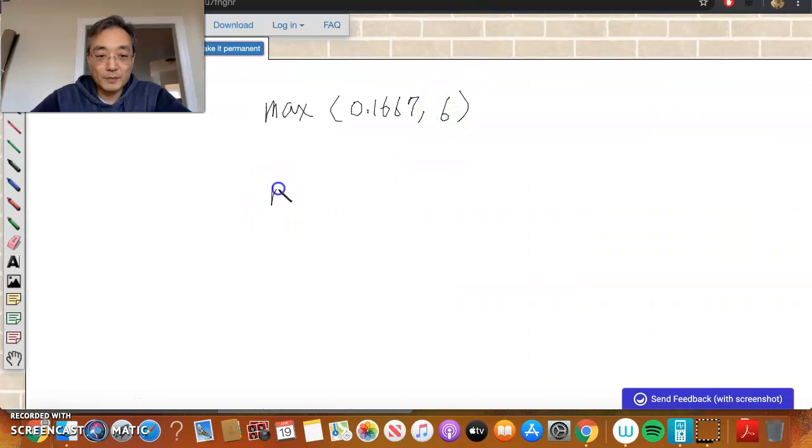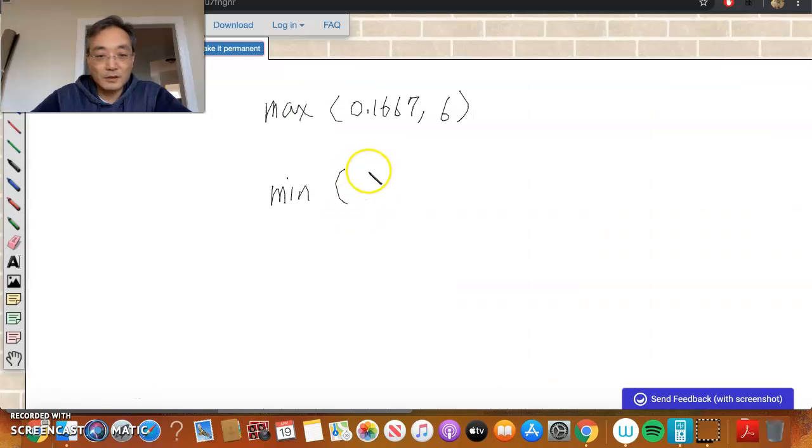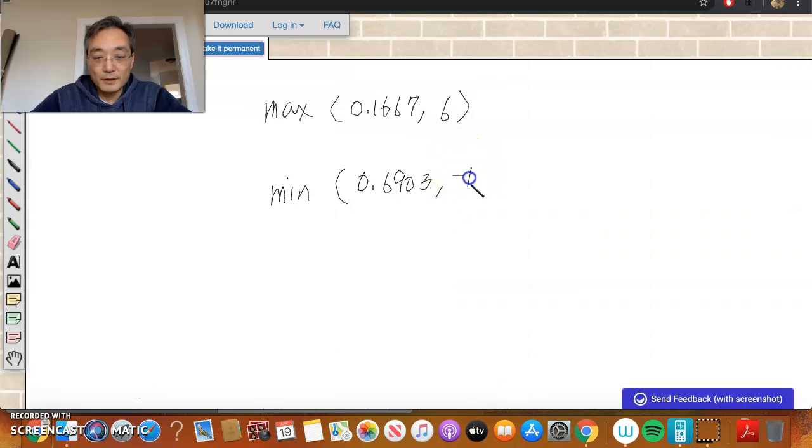And we're going to take a minimum point, which is down here, and that's (0.6903, -14).